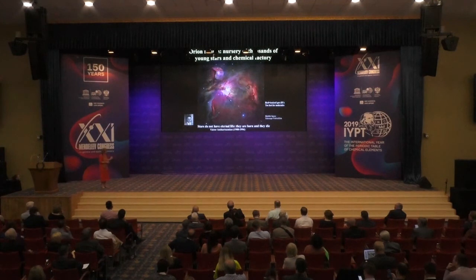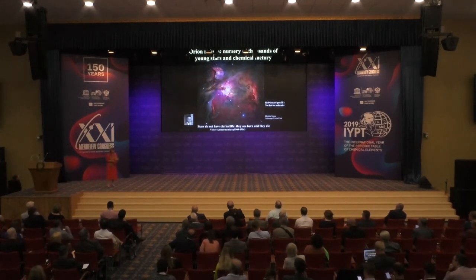And it was Victor Ambartsumian who made a very important conclusion by looking at a certain type of stars and their distance from the clouds, like the Orion Nebula. He said, you know, stars do not have eternal life. They also are born and they also die again.